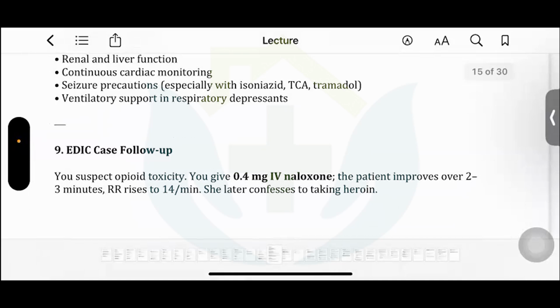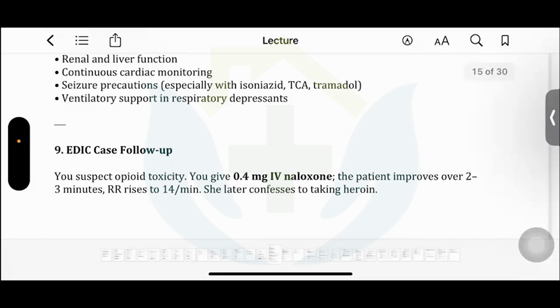Can anybody tell me what is the indication for giving flumazenil in benzodiazepine poisoning? Basically, it is respiratory depression.